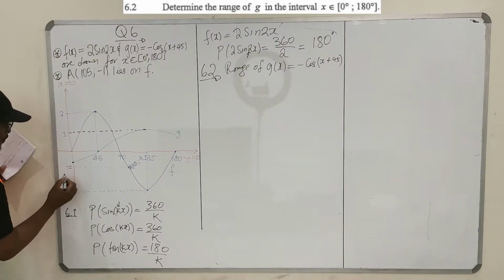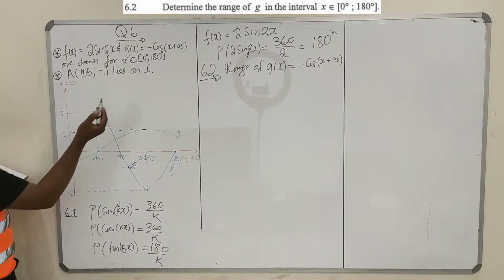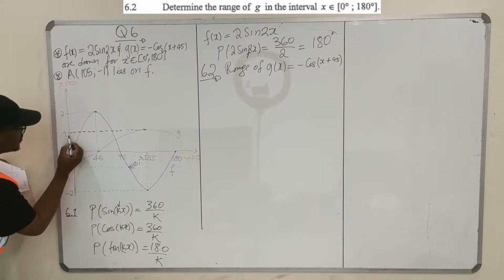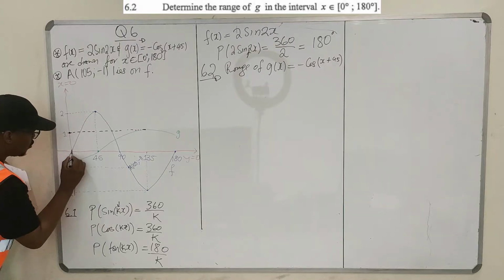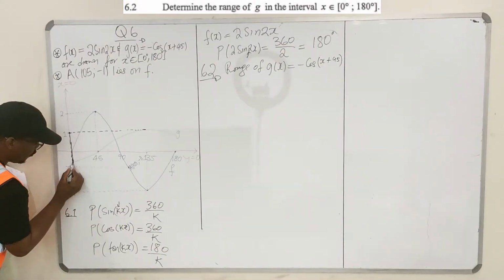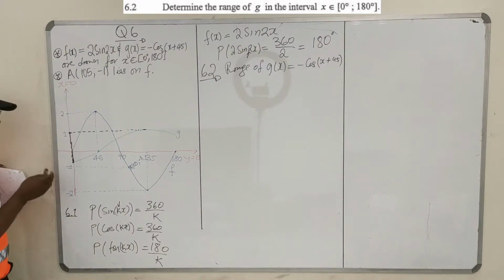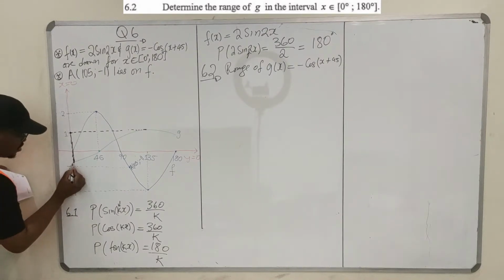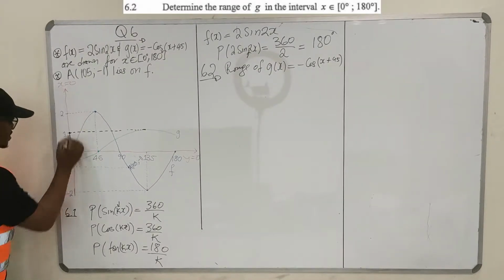What is that value? Because you want the set of y values that the function is using, this function uses all the values from this minimum up to 1. Those are the y values that the function is using. But now you need to find what this value is. You know that x is equal to 0 there.